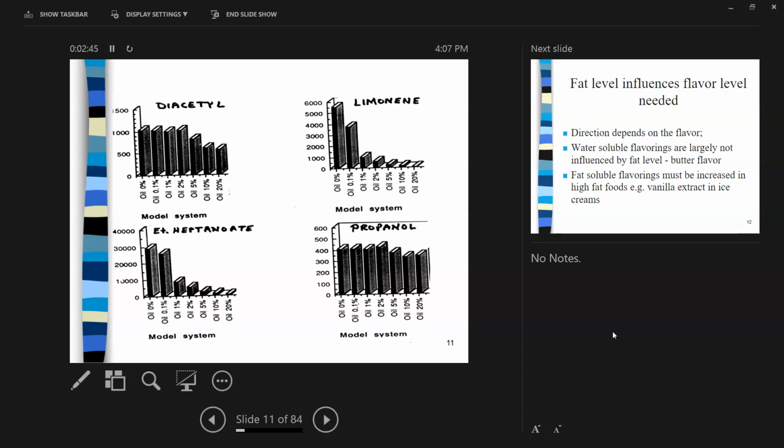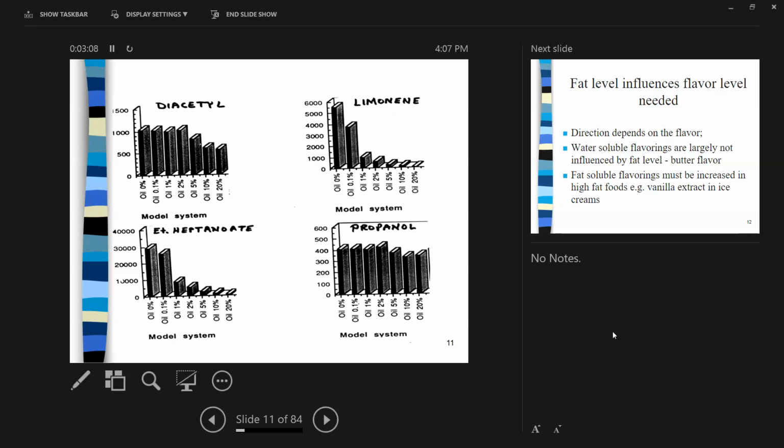Because over here we've got 0% oil in the model system, and there will be a certain vapor pressure, a certain flavor intensity that comes out of this. So if our flavor mixture of these four chemicals, okay, this would be our blend with no fat, at least from a perception standpoint.